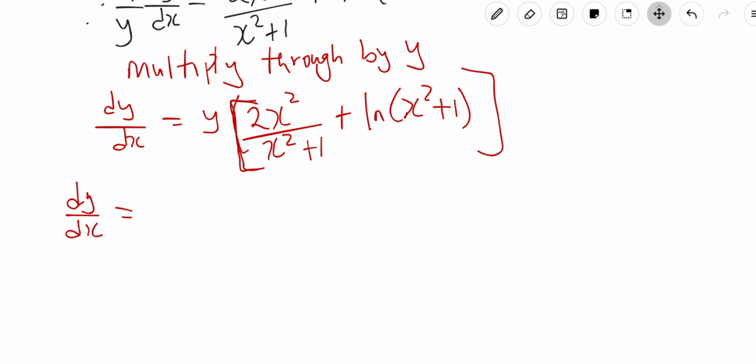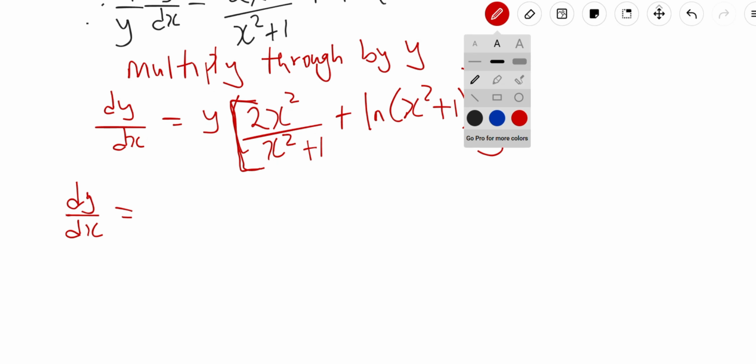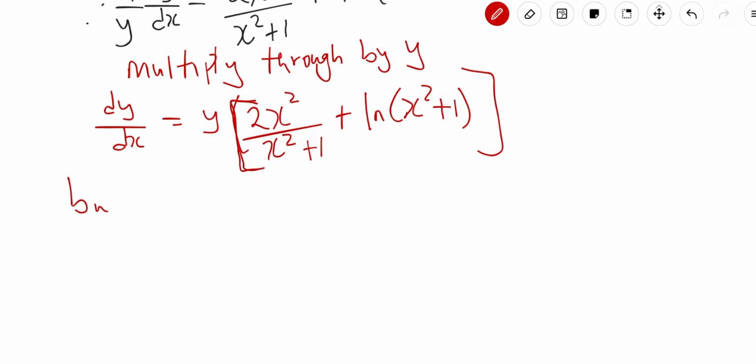So y is equal to (x² + 1) to the power of x.